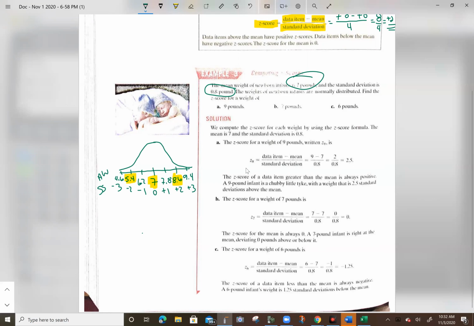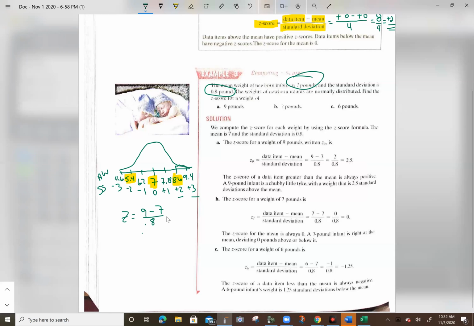Find the z-score for a weight of 9 pounds. If it was just 8.6, we could say it was plus 2. If it was 9.4, we could say it's plus 3. But since it's in between those two weights, we have to use our formula. So the z-score is equal to 9, which is what we want to know, minus 7, our mean, divided by 0.8.